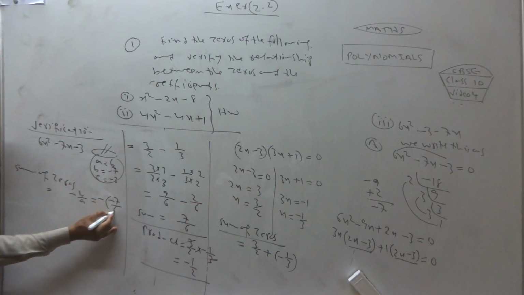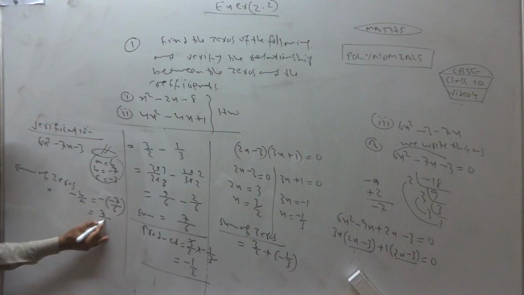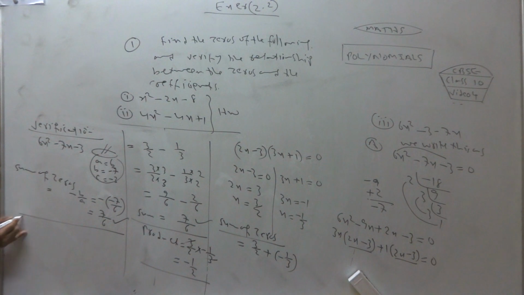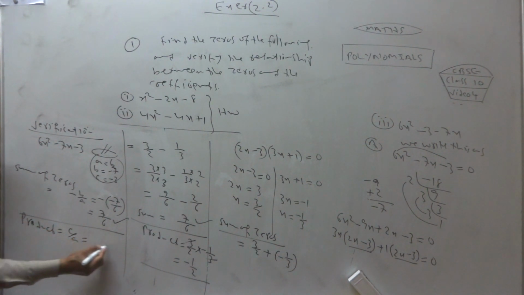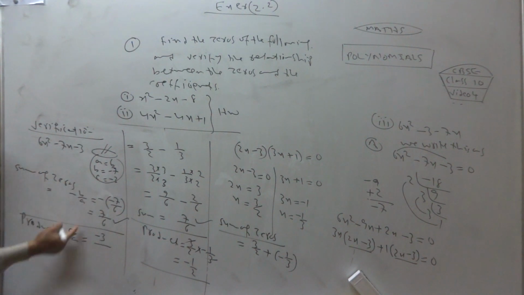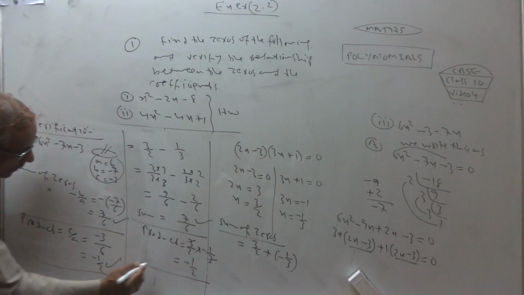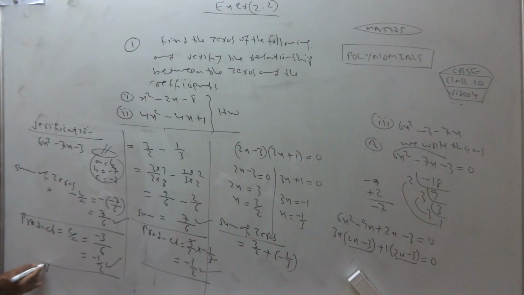Minus 7 by 6. Minus minus plus, 7 by 6. Check the answer. 7 by 6, 7 by 6, correct? What is the product? C by A. What is C here? Minus 3. What is A here? 6. Finished. Check. So it's verified.